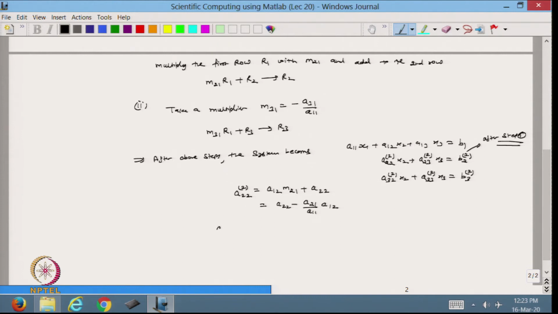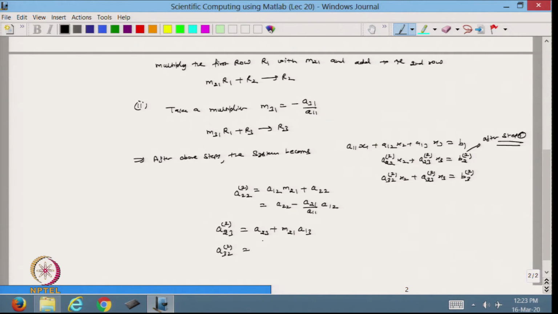Similarly, I can define my A23. This will be A23 plus M21 A13. So, that will be the new value. Similarly, A32 will be what?